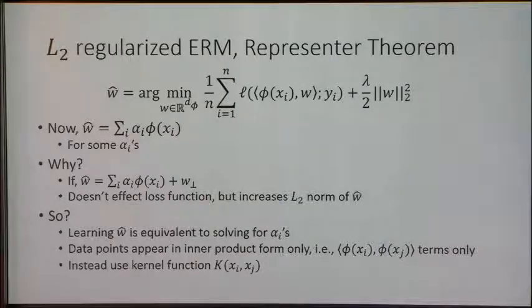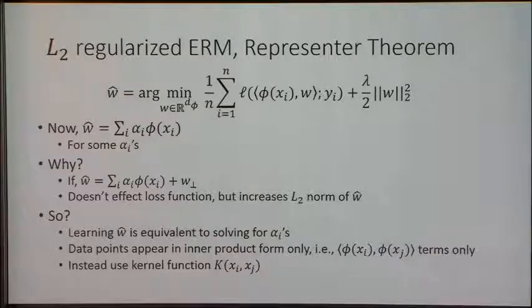So let's say I am assuming an L2 regularized empirical risk minimization problem, and I'm solving over this really high dimensional data where I'm hoping that the problem is linearly separable, and that's why the optimal solution to this problem will be reasonable. So here one thing to notice is that W hat is in the span of all these vectors phi x1, phi x2, and so on till phi xn.